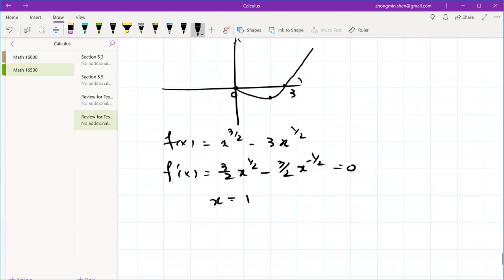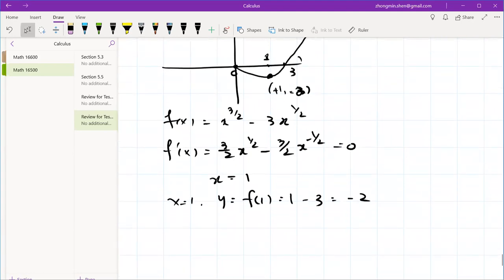x equals 1, somewhere here. Okay? So when x equals 1, the y value is going to be 1 minus 3, which is -2. So that would be the lowest point on the graph, right?